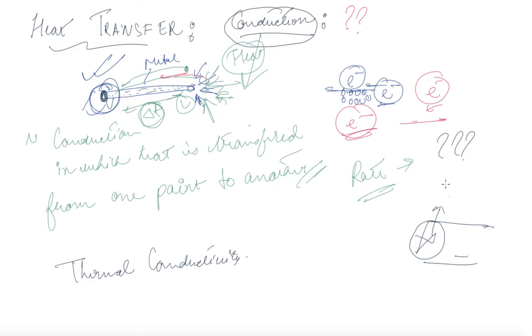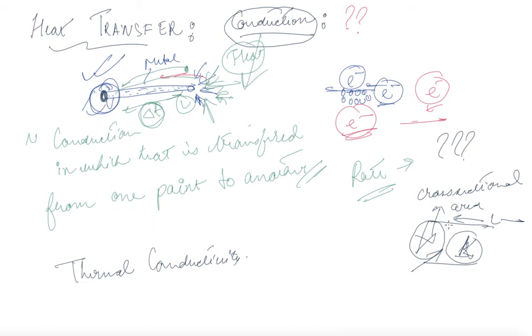This is known as cross-sectional area. This is known as length. Plus we also have K, that is thermal conductivity, how much this particular substance can conduct heat energy, known as K. So you have a relation.